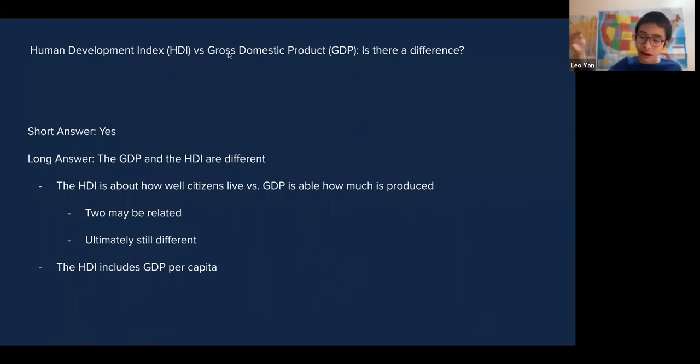Because there are too many other factors that could influence how good of a life you live, such as unemployment, crime. However, I will say though, the HDI does include the GDP per capita, not the total GDP, but it includes how much value is being generated per person.